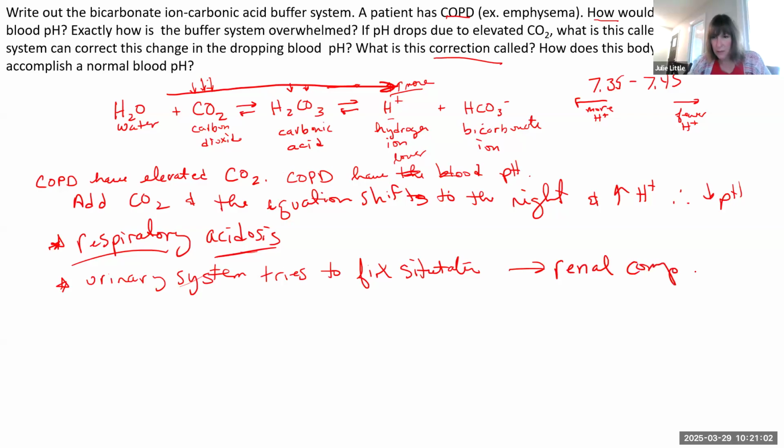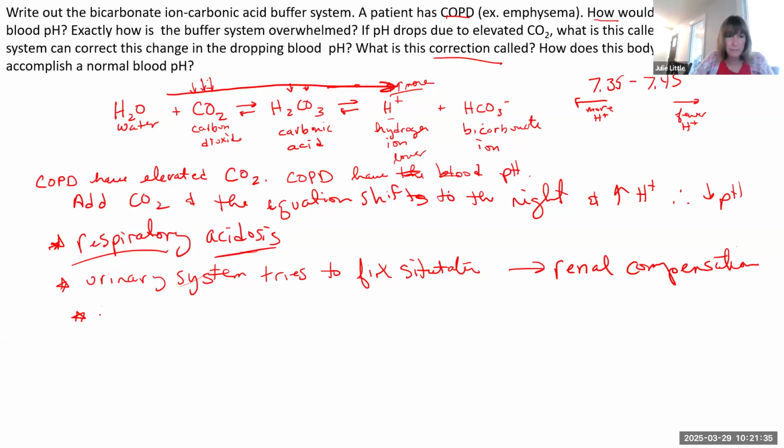Now let me tell you what this basically means. If you're in respiratory acidosis, that means you're retaining carbon dioxide and increasing your hydrogen ion levels in your blood. If you increase the hydrogen ions, the pH is going to drop, and the urinary system, or the renal system, is going to have to compensate and get rid of those hydrogen ions. The last question is, how does this body system accomplish normal pH?